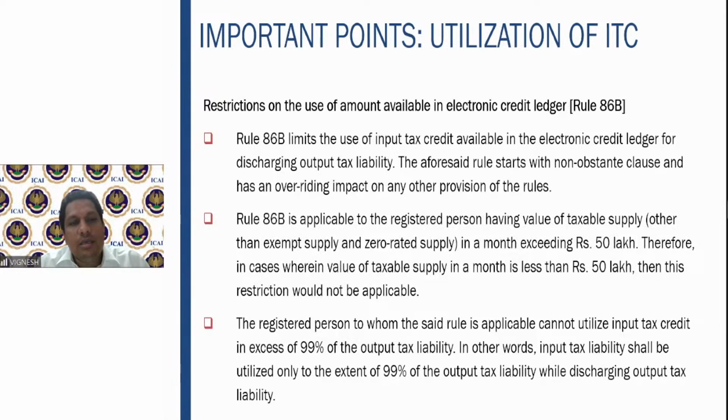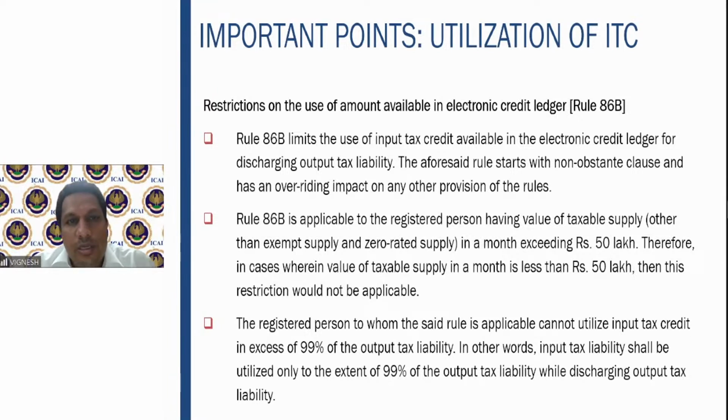So what is this 50 lakhs? Rule 86B limits the input tax credit available in the credit ledger for discharging the output tax liability. Technically, if anything is there in the credit ledger, you have every right to discharge the liability, but this particular rule restricts that. It starts with a non-obstante clause, which means it has an overriding impact over all the above provisions or rules.